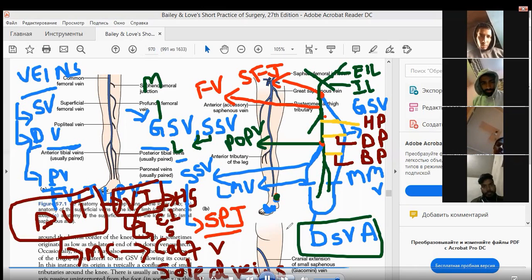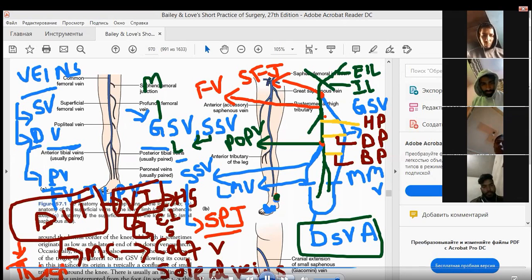Okay, so the most common site is the calf veins or soleal veins, but the most common site of DVT which will cause pulmonary embolism is your large veins, the femoropopliteal veins, or you can say the thigh veins.